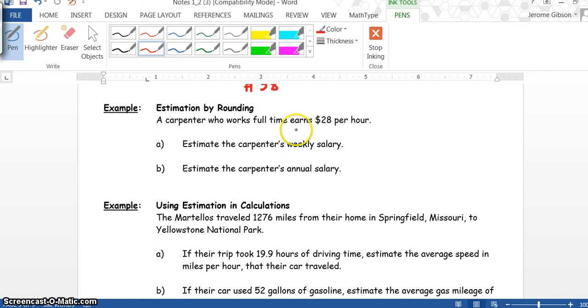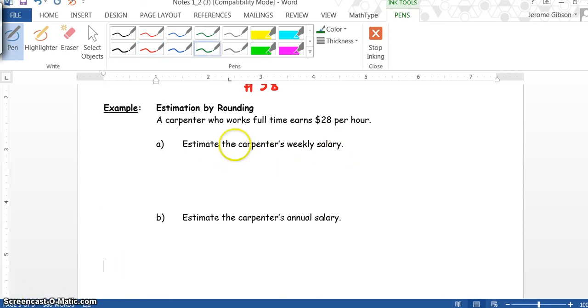Now we come to the example, estimation by rounding. A carpenter who works 40 hours a week earns $28 per hour. Estimate the carpenter's weekly salary. First of all, we know the average American working full-time works 40 hours in 1 week.